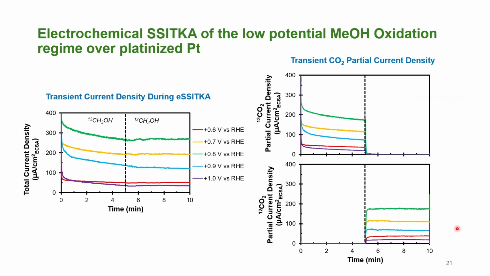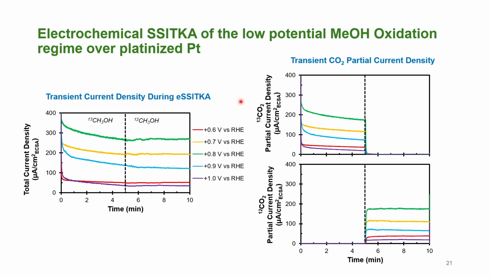Okay, so now we can actually get into our experimental data, where we've done electrochemical Sitka for the first time over a platinized platinum electrode. As I mentioned earlier, we were investigating the low potential methanol oxidation regime from 0.6 to 1 volt versus RHE. Essentially, we applied a voltage to the catalyst for a total of 10 minutes and introduced C13 labeled methanol for the first 5 minutes of the experiment.